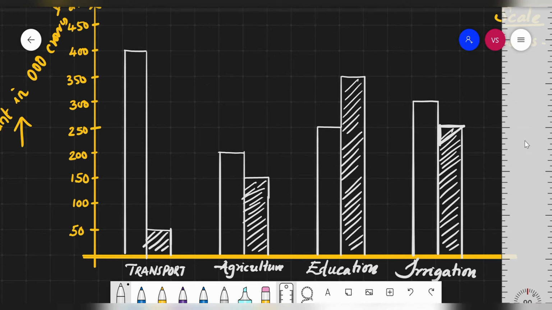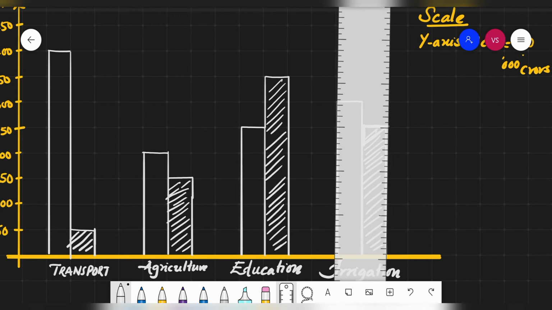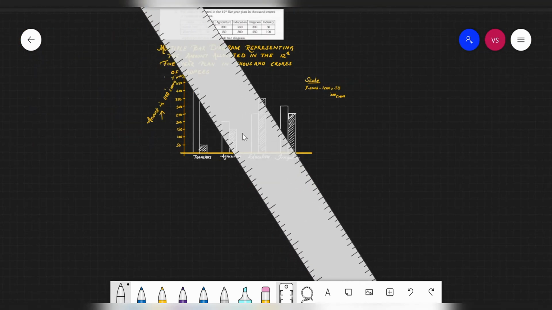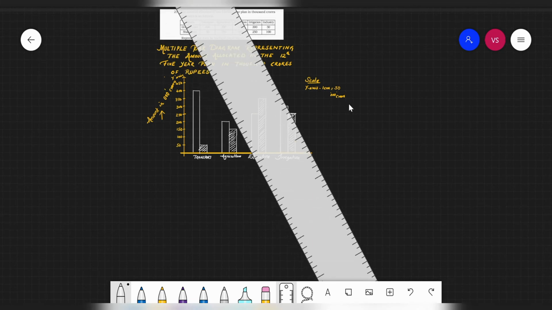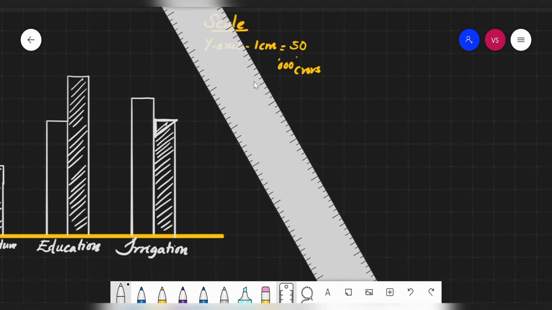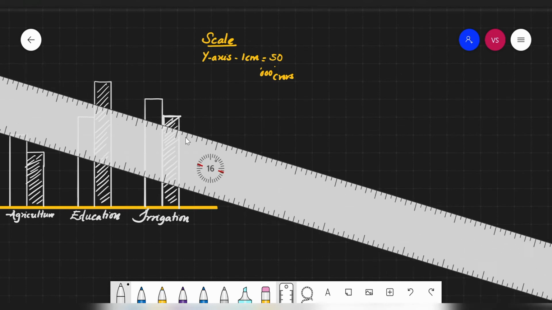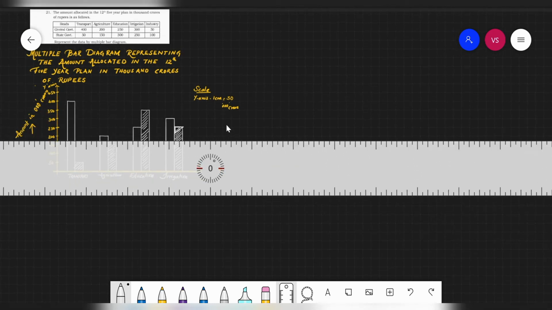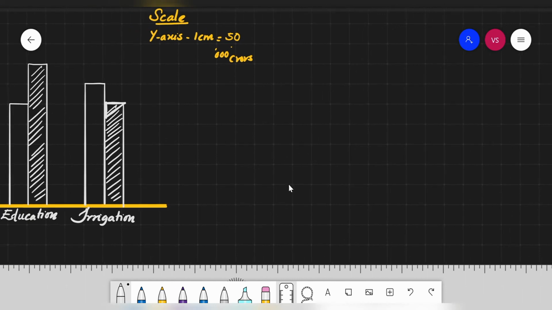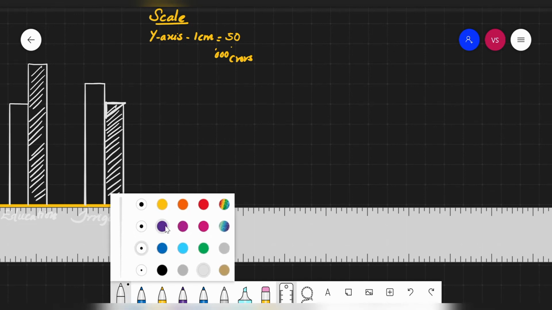Okay, right. The next one, I suppose I need to increase this baseline, students, so it will be easy for us to complete the whole part.